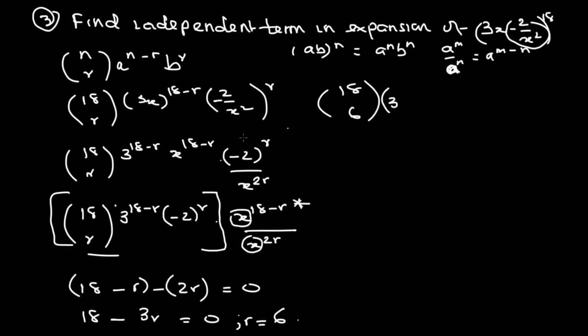Then we have 3 power 18 minus 6, which is equal to 12, right? Then here we're going to have minus 2 power 6. Okay, so already this is an even number, so this becomes positive.